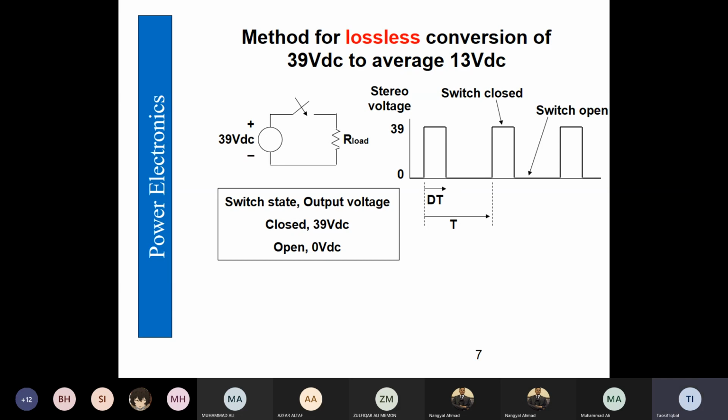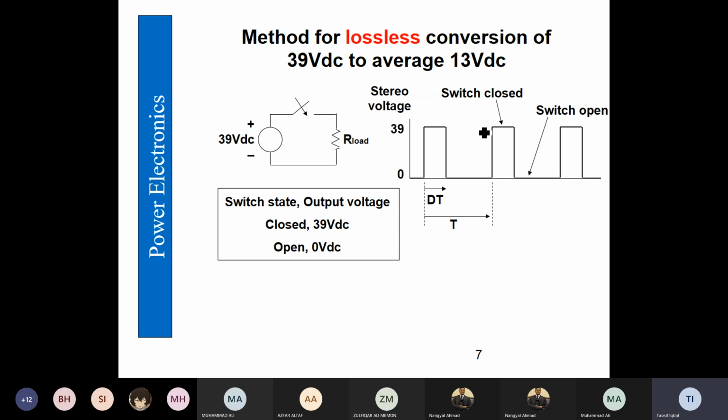So if we want to have a lossless conversion from 39 volts to 13 volts, the easy way is to just put one single switch which is going to pulsate the input voltage high or low, 39 or 0, and the average value is going to be the required value depending on the duty cycle.